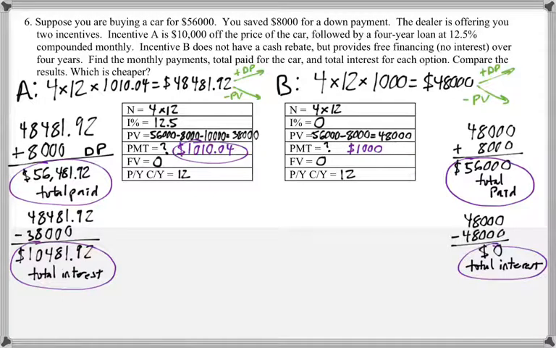But we kind of knew that was going to happen because free financing is no interest. So which is cheaper? The total paid for option A is $56,481.92. For option B is $56,000. So option B is cheaper.